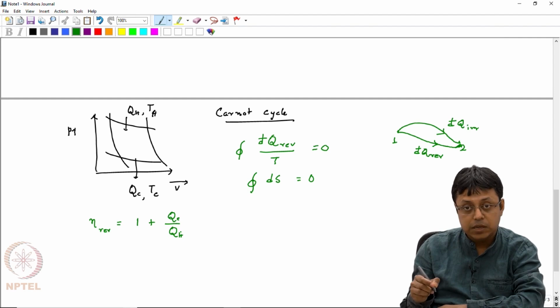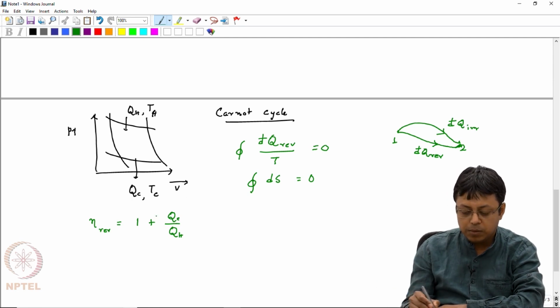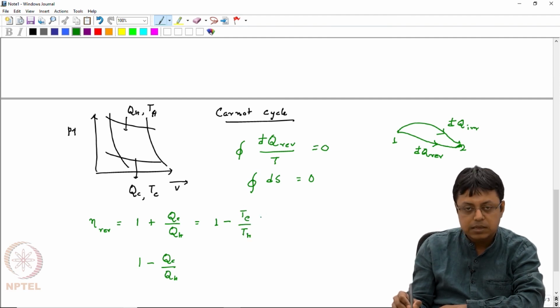When I say suppose 30 calories of heat is released into the surroundings, QC will be negative, and that's why some textbooks write this expression as 1 minus QC by QH, where QC is just the magnitude. In terms of temperature we could write it as 1 minus Tc by Th, and since Tc is always less than Th, the efficiency of the Carnot engine will always be less than 1.